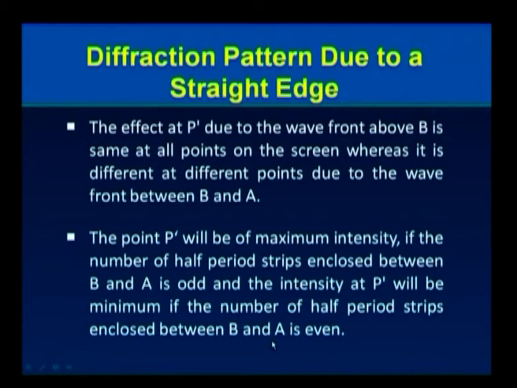I told you about the odd number of strips and even number of strips. So, supposing you have 3, what will happen? The resultant displacement will be M1 minus M2 plus M3. If you have only 2, it will be M1 minus M2.